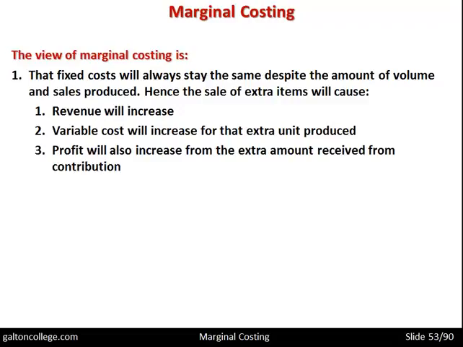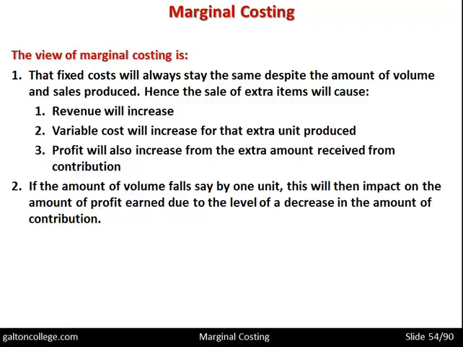Profit will also increase from the extra amount received from contribution. So this markup will make a contribution towards the overheads, and later on, as I said earlier, we'll go on to make a contribution towards profits. So profits will start to increase as more is sold. If the amount of volume falls, say by 1 unit, this will then impact on the amount of profit earned due to the decrease in the amount of contribution.